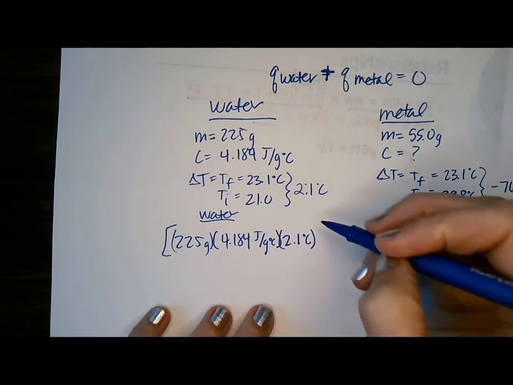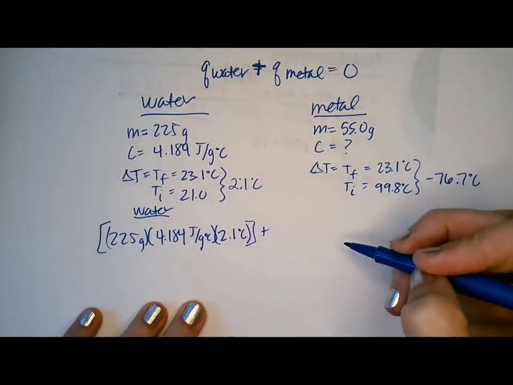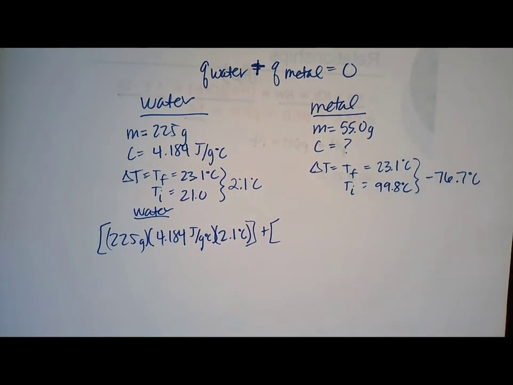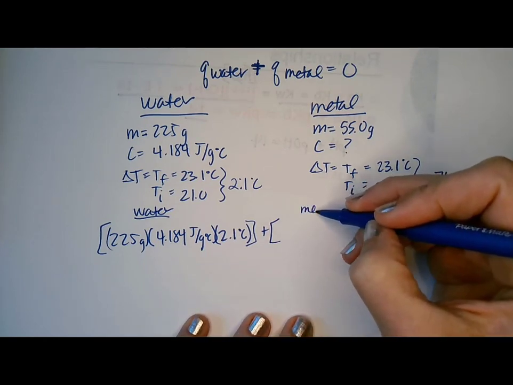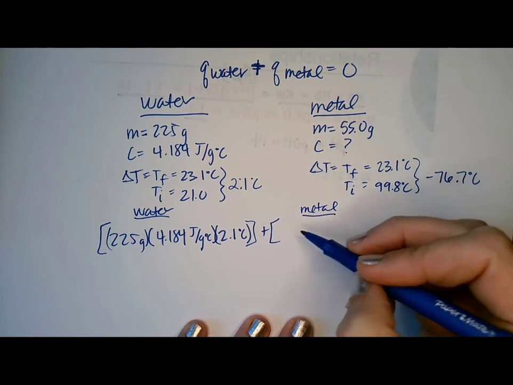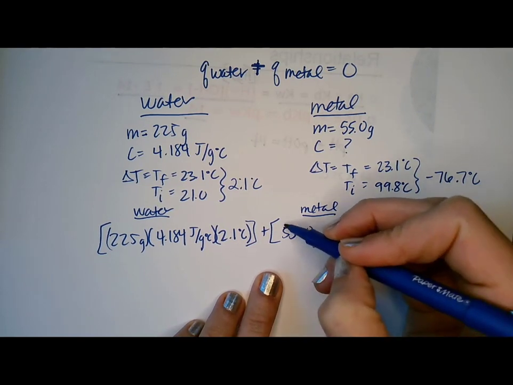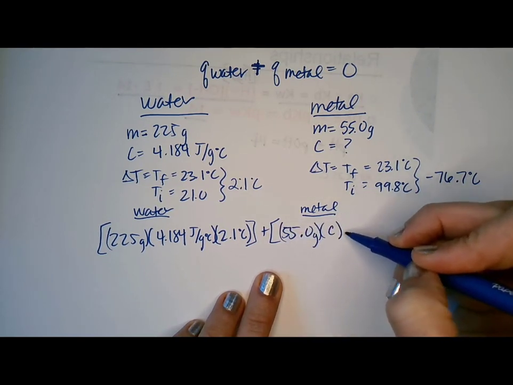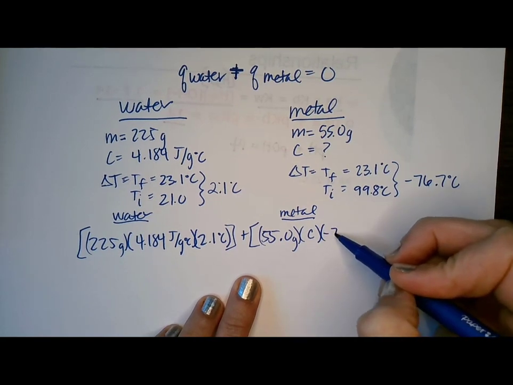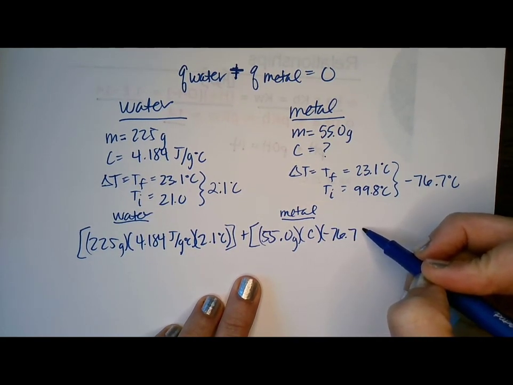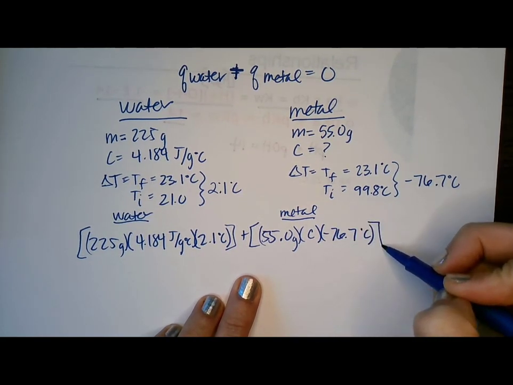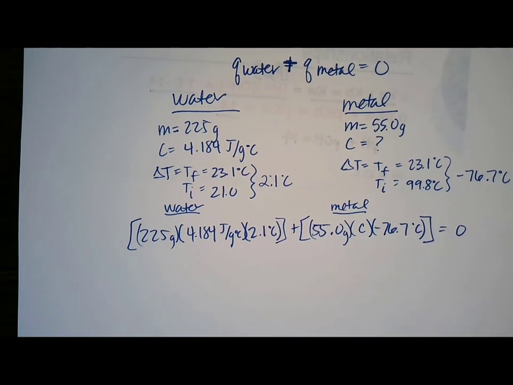Plus, this is for our metal, M, 55.0 grams times C times delta T was negative 76.7 degrees Celsius, and that's all equal to 0.